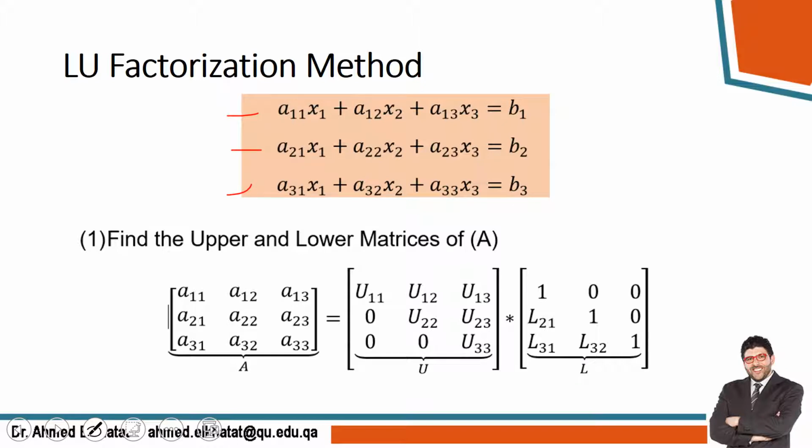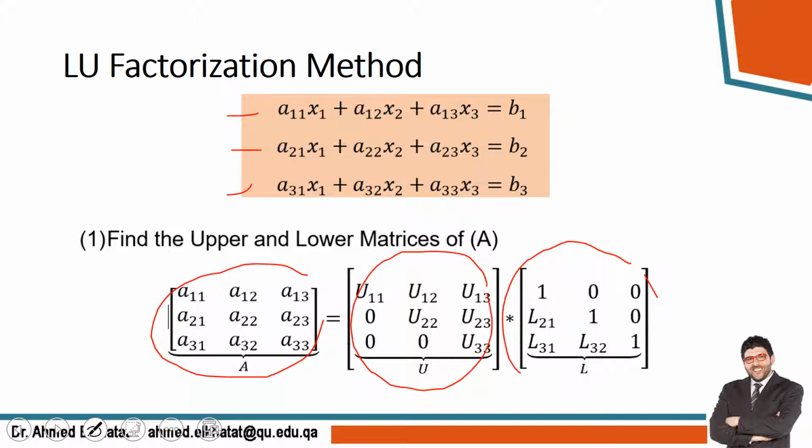The first step is to find the upper and lower matrices of A. So this is the matrix, this is the upper one, and this is the lower one. The upper one we can find by forward elimination, like we did in Gauss elimination.